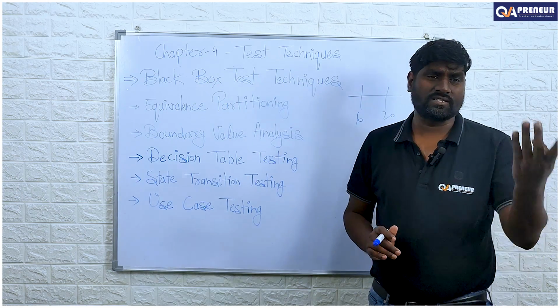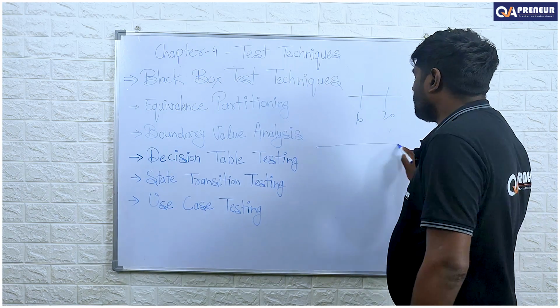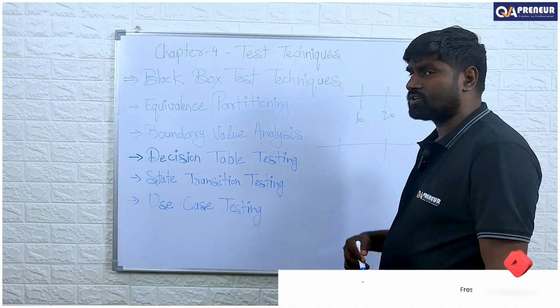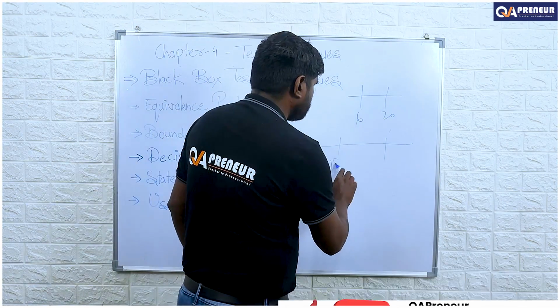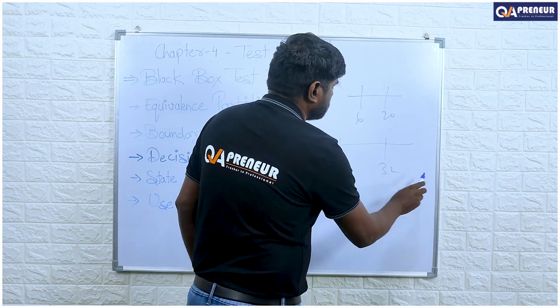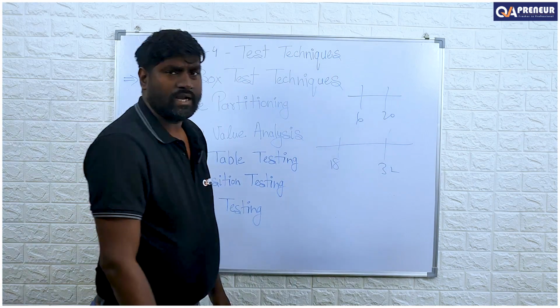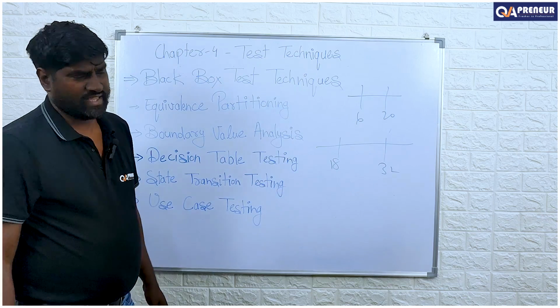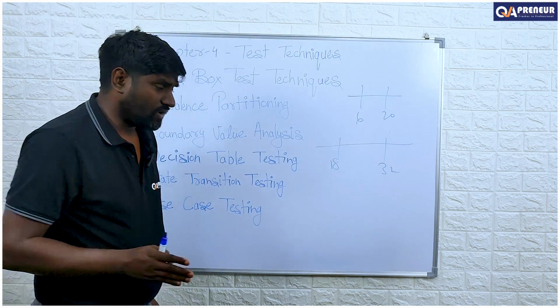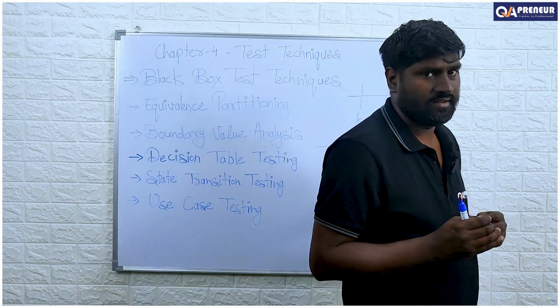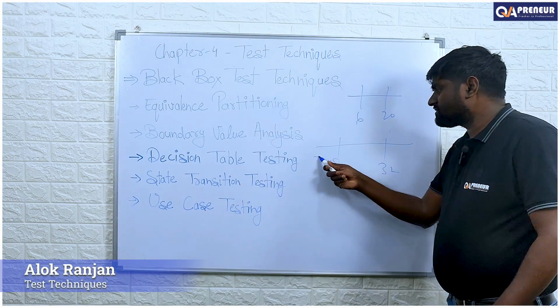Or another thing we understand, the age limitation for a government exam, 18 to 32, or whatever range is there. So we need to test on the basis of the data, and the data is too much.